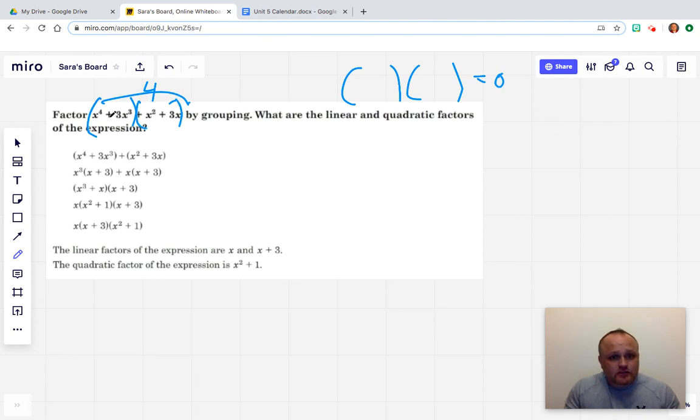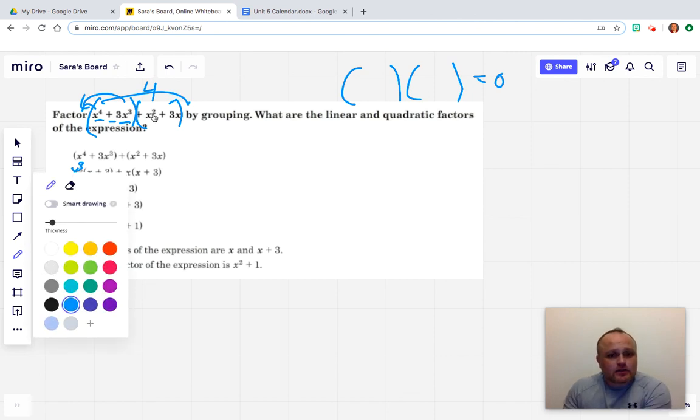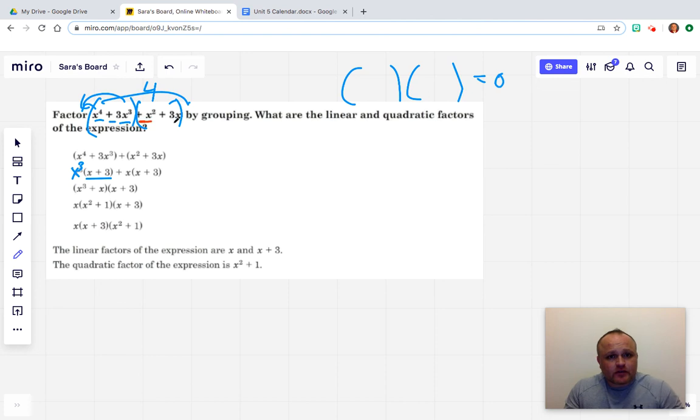The GCF in the front, this first one is x cubed. If you divide x cubed from both of them, the leftover scraps are x plus 3, which is what you see right here. Okay? And then you look at the other two, and what do they have in common, GCF-wise? Well, you can pull out an x from both of them, which is right here.